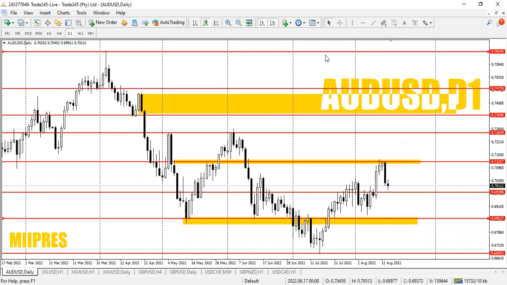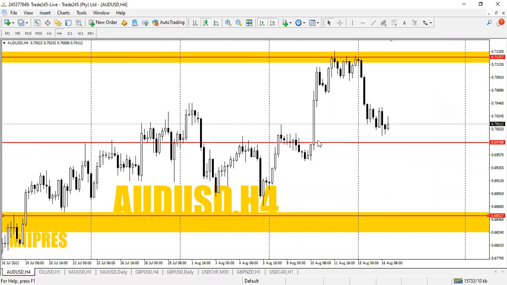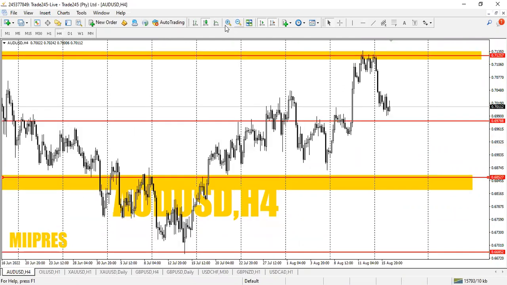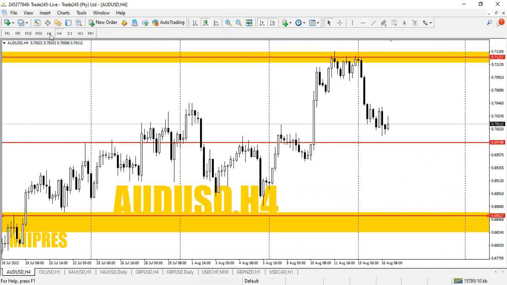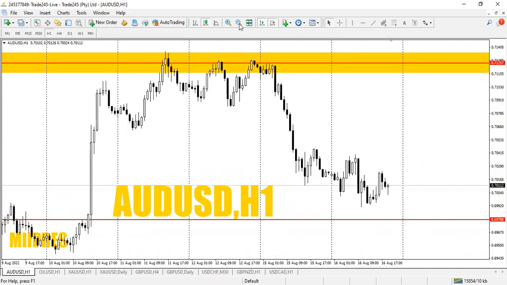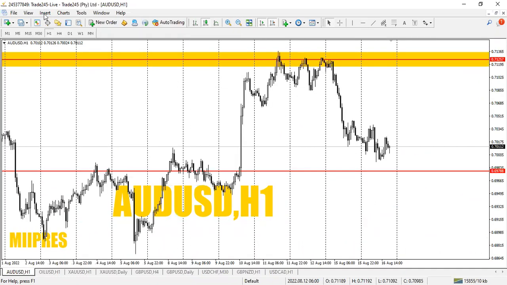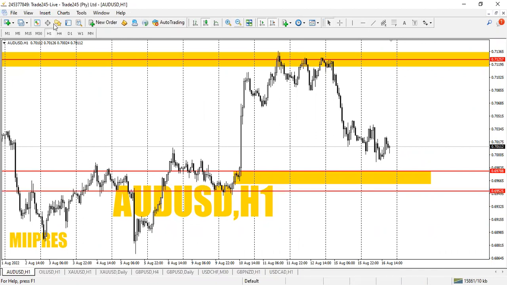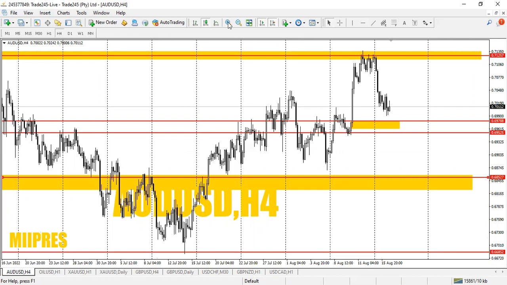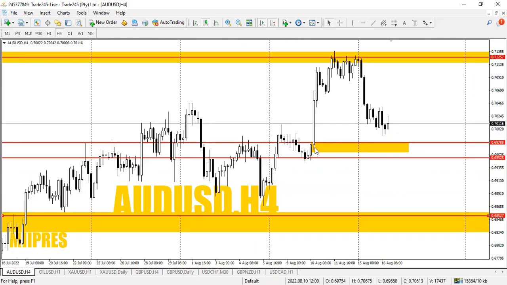But if you zoom in to H4, now you have this level, you've got a demand. Also, because you have that over there, and you have this side.